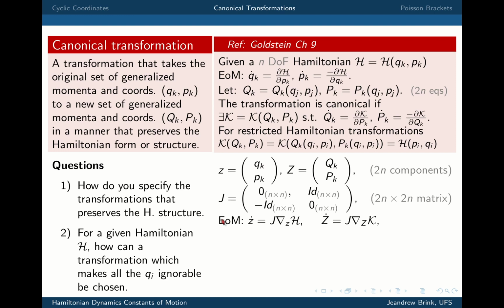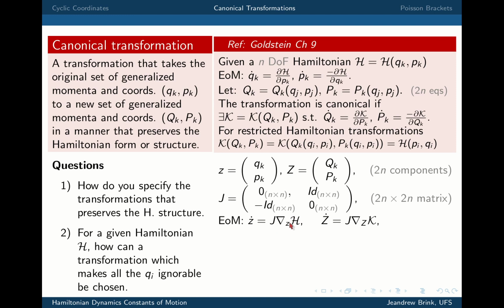Okay, and so what I'm basically going to do is use these two things to rewrite my Hamiltonian equations in the following way. I can say z dot, in other words q dot and p dot, is simply J times the gradient of H with respect to z. In other words, all the partial derivatives of H with respect to each of these components, multiplied by J. If you write this out, you'll see this is a very compact way of writing these two equations.